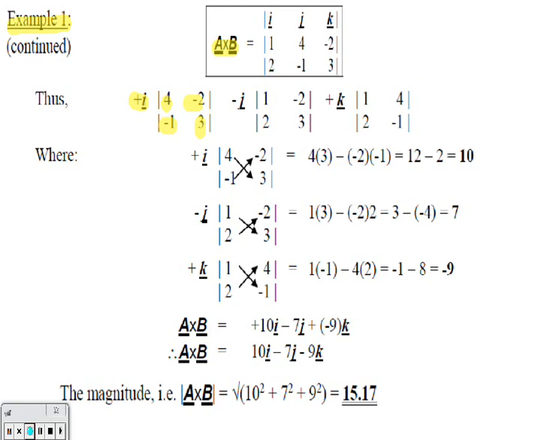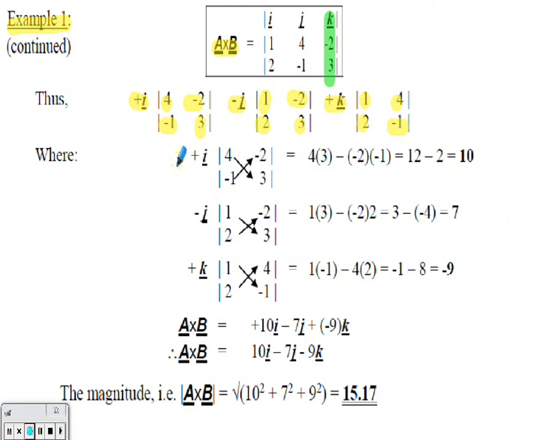Our next determinant is minus j, and the coefficients are 1, minus 2, 2 and 3. We get that by covering up the j column and reading the coefficients. And our final determinant is plus k, and we've got coefficients of 1, 4, 2 and minus 1. We get that by covering up the k column and reading the coefficients.